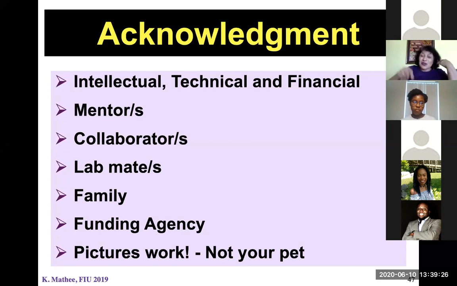Because 2 years down the road, when you're writing the paper, you're going to forget Sabrina existed. And then one day, Sabrina looks at the paper: hey, I contributed to this figure. Why is my name not on the author list? So make the list early so that you don't forget people.